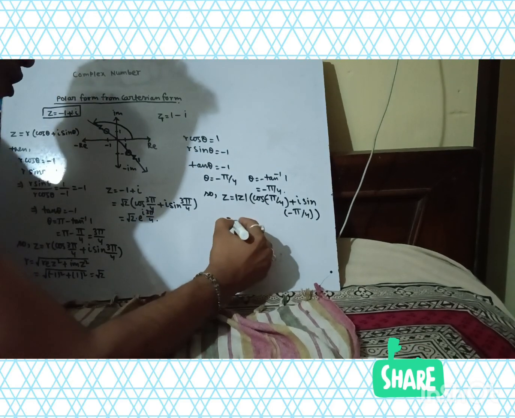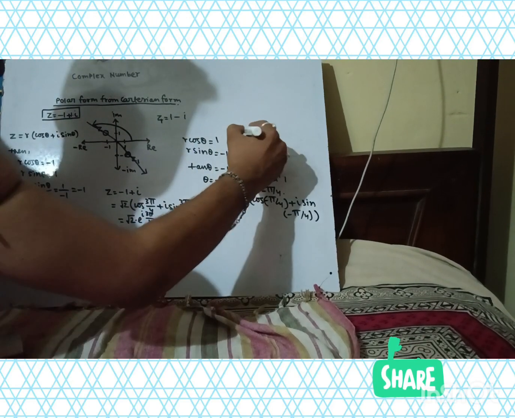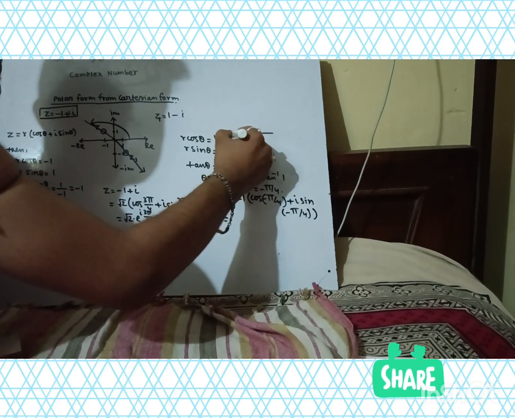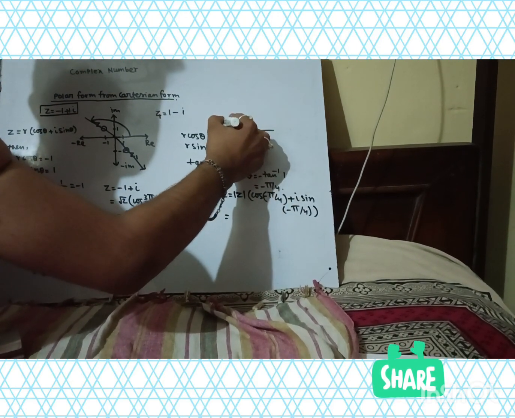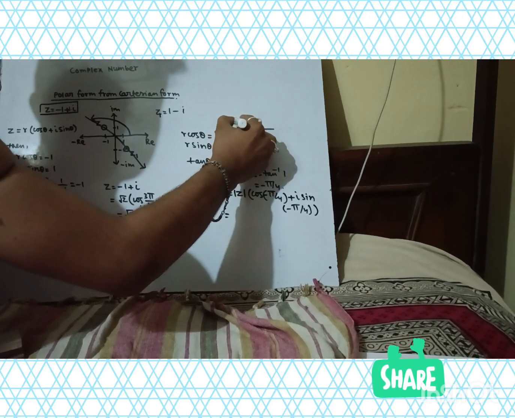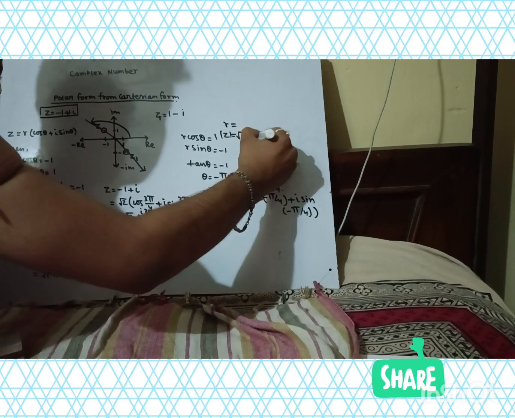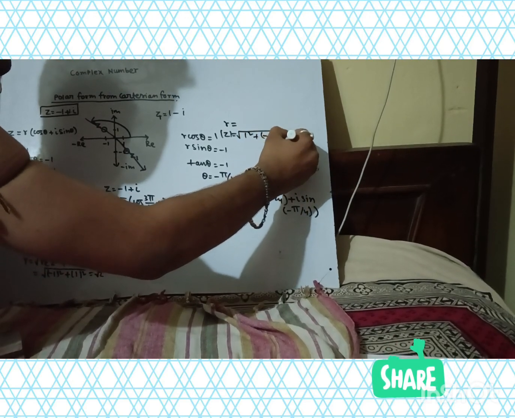So modulus z here also is root 2, because r is equal to modulus z, which is root over 1 square plus minus 1 square, so it is also root 2.